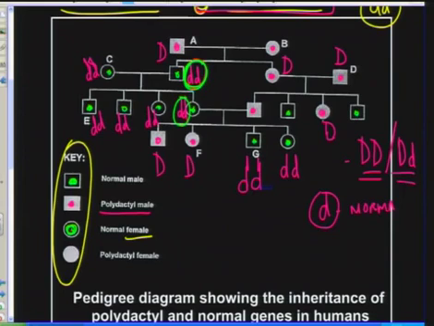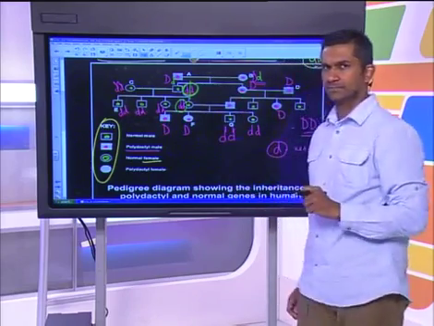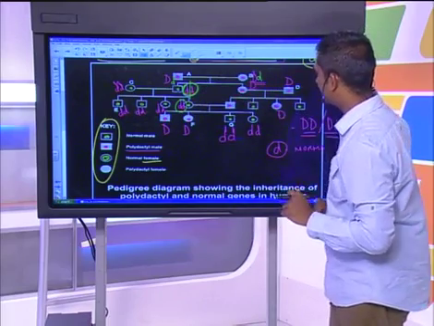When you look at small d, small d, it simply means that one of the d's has to come from one of the parents, and this d comes from the other parent. So it simply means that both the parents are carriers or they are heterozygous for polydactyly, and hence we can identify that very quickly.